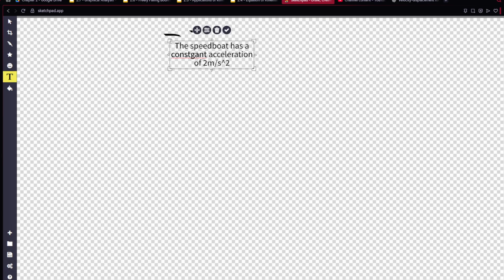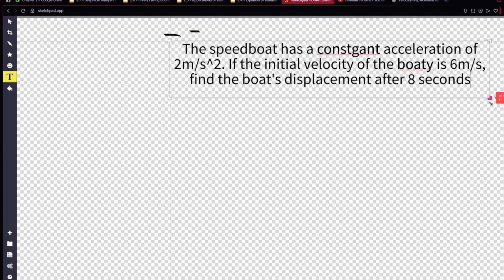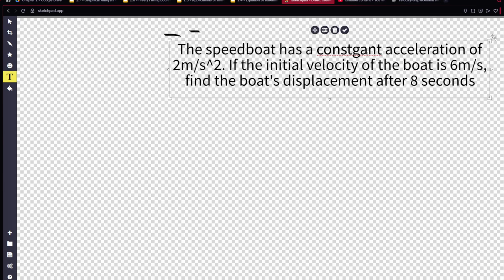And if the initial velocity of the boat is 6 meters per second, find the boat's displacement after 8 seconds. Also, we have sig figs here, but I'm going to ignore sig figs just because everyone knows how to do sig figs.